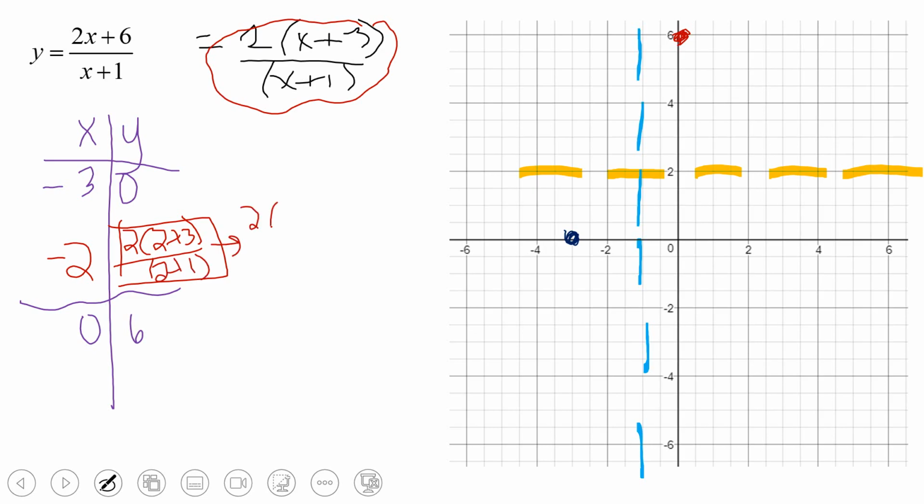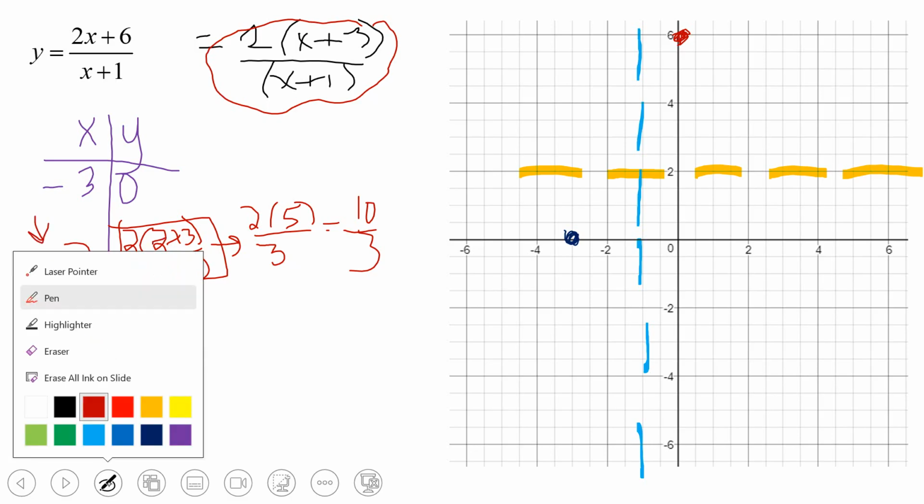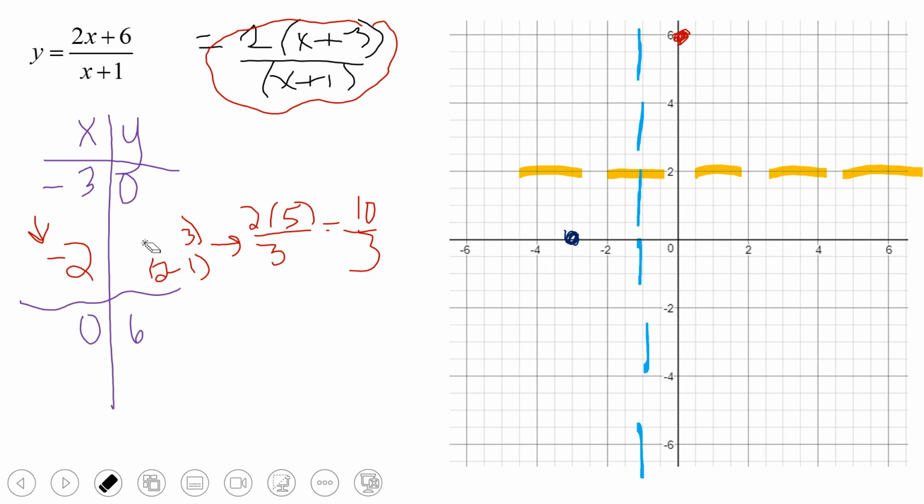That gives me 2 times 5 over 2 plus 1, which is 3. So I end up with 10/3, which, if we use a calculator, is approximately 3 1/3. I just want to make sure. Oh, I made a mistake. I plugged in 2 and it was supposed to be -2. So let me come back here and switch this up. Give me 1 second to switch this up.